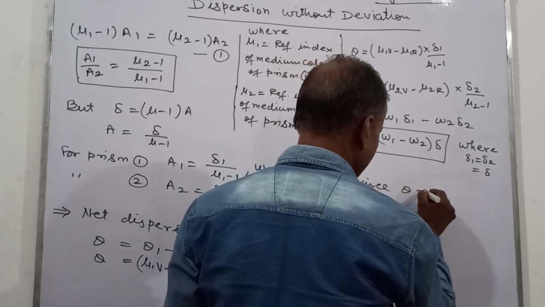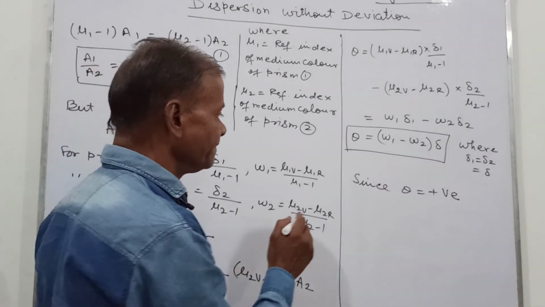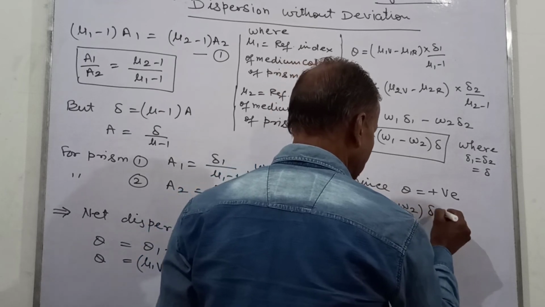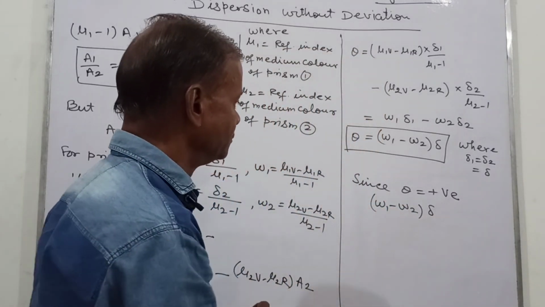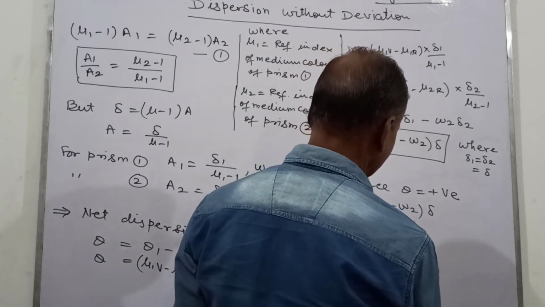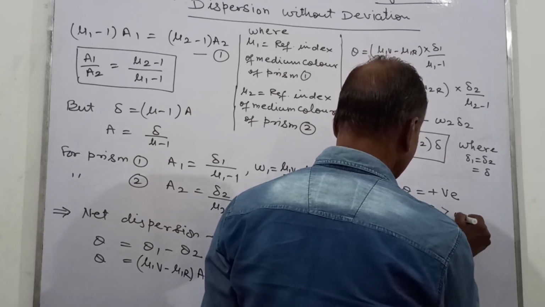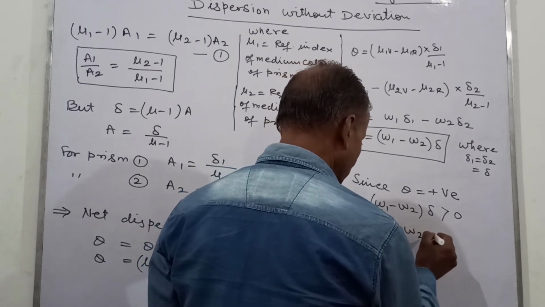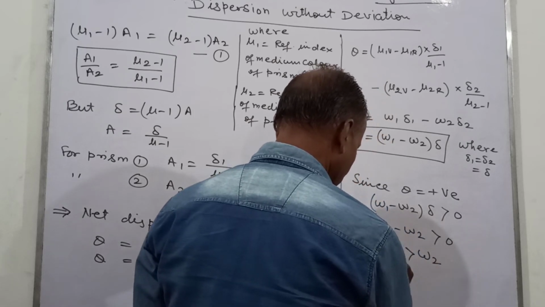Since theta is positive, it means that omega 1 minus omega 2 into delta should be greater than 0, or omega 1 minus omega 2 is greater than 0, or omega 1 is greater than omega 2.